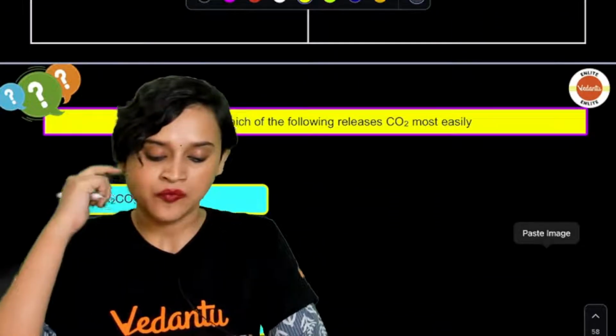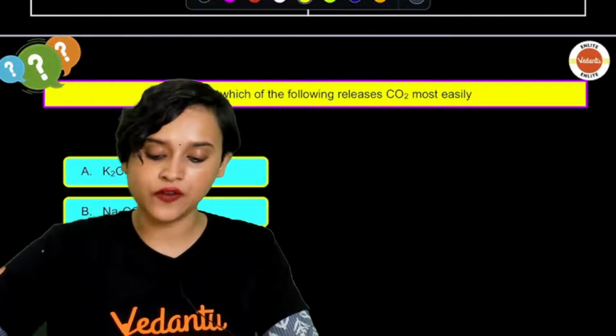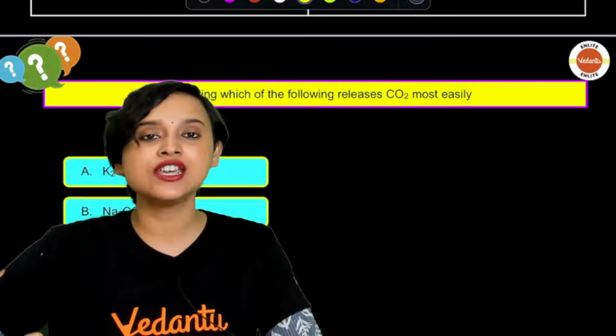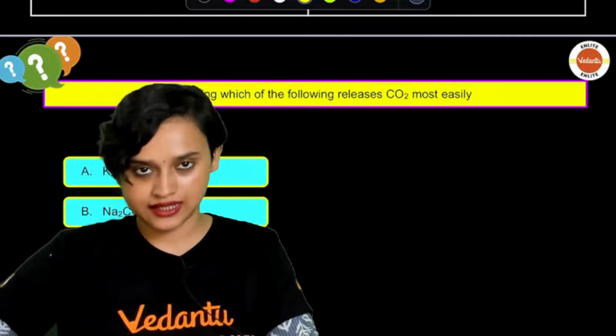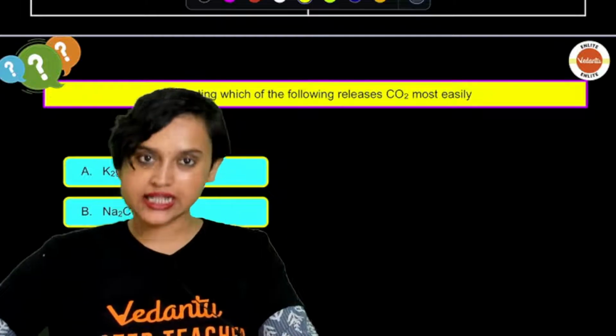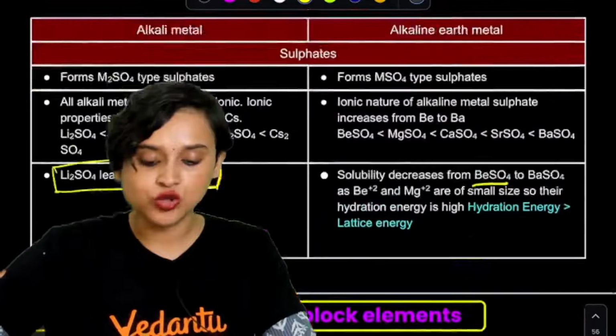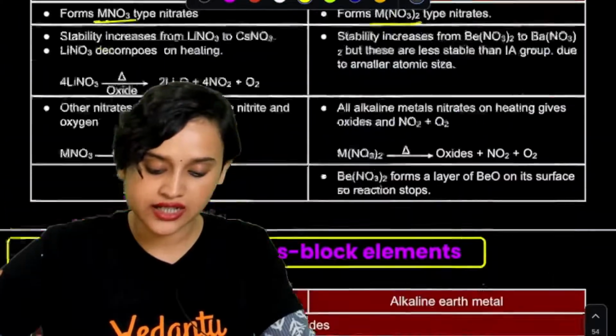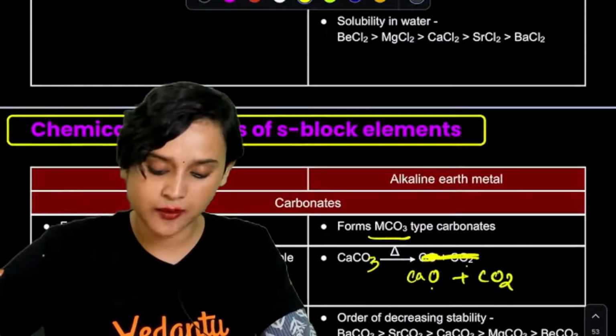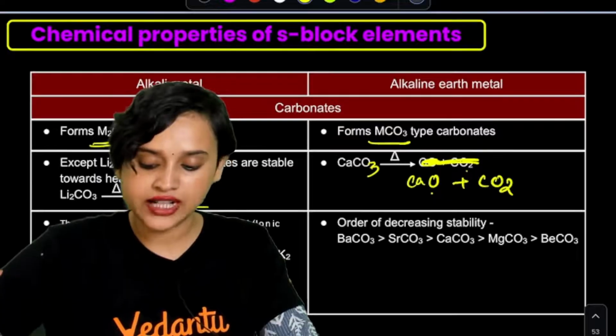Now tell me, on heating, which of the following releases CO2 most easily? We have just learnt about it, isn't it? Carbonates, order of decreasing stability.